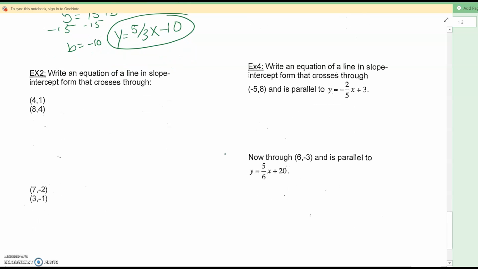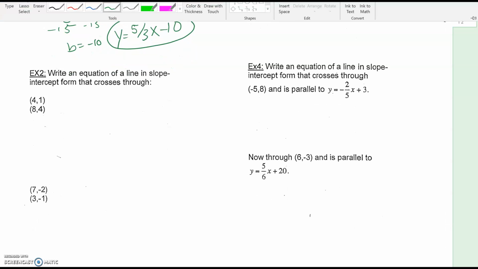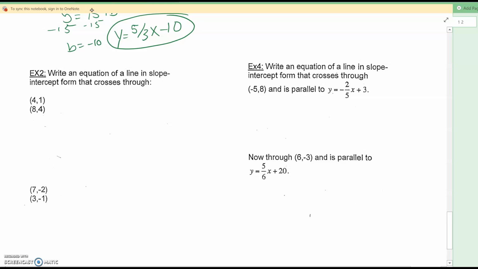Now for example 2 here, it looks like we don't have a slope, so we're going to have to find one. If you guys recall, it's y2 minus y1 over x2 minus x1. You can choose which one's going to be point 1 and point 2. I normally do the first one as 1, the second one as 2.